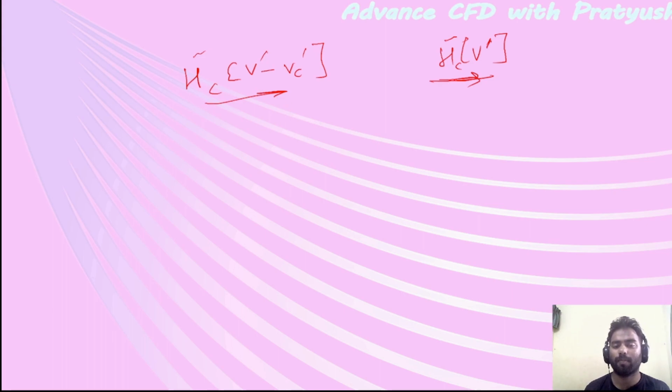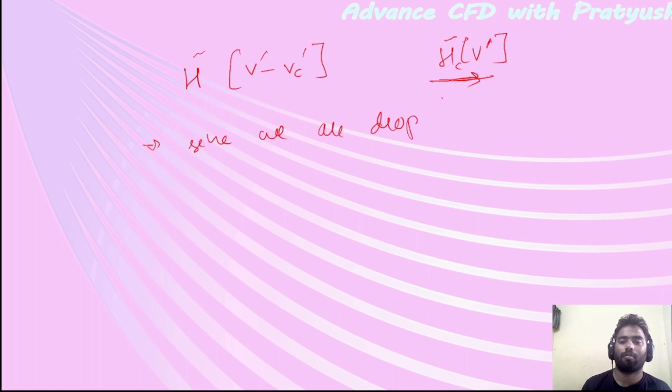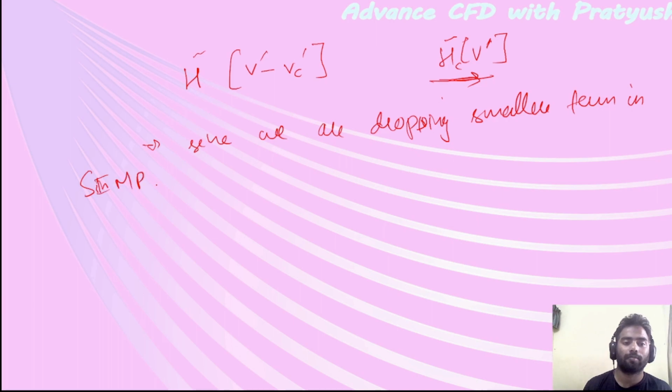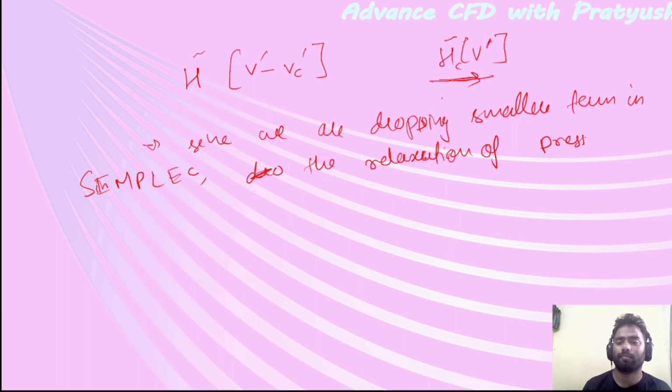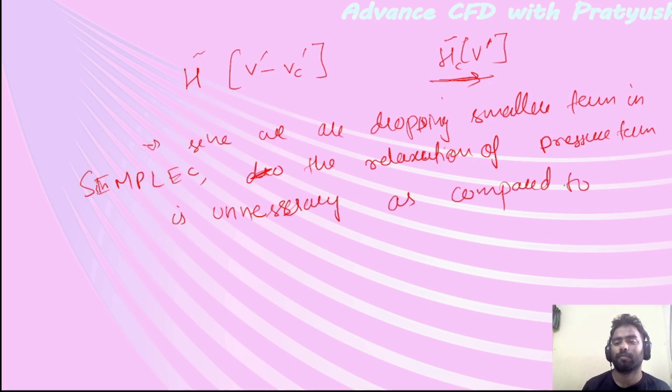So it is not as necessary in simplex to provide the relaxation factor, dropping the smaller term in simplex, the relaxation of the pressure term is unnecessary as compared to the simple scheme.